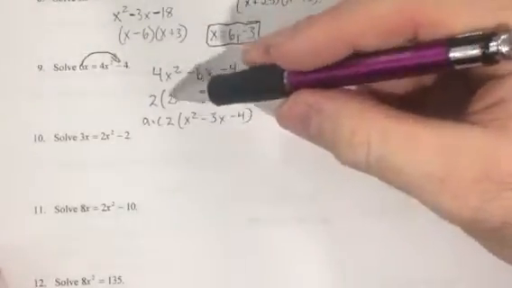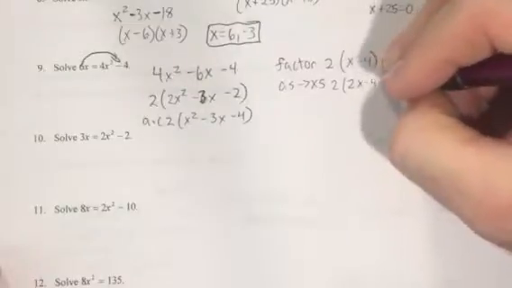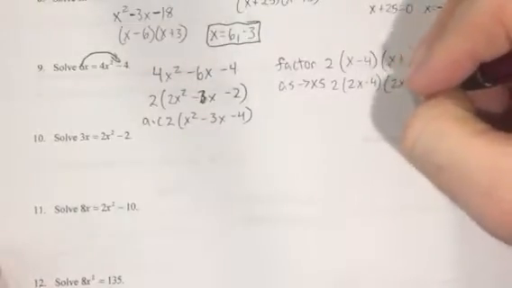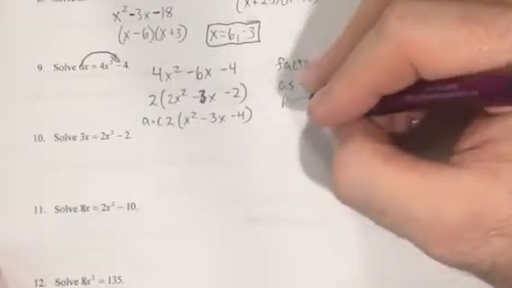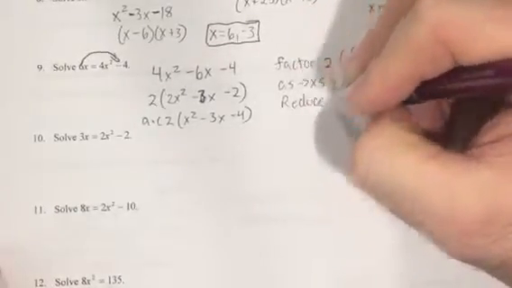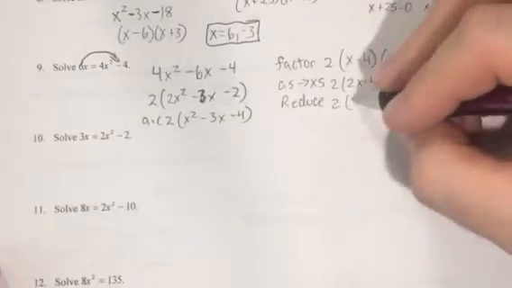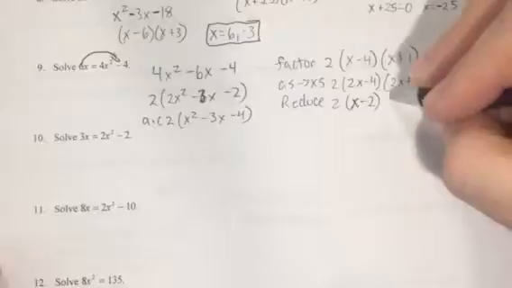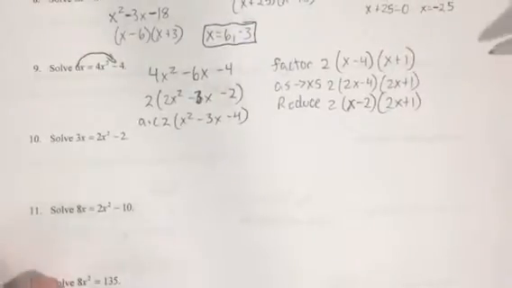So my a's are going to be 2. So now I have 2x minus 4 and 2x plus 1. Then I'm going to reduce. 2 and 4 can be reduced by 2. So that's x minus 2 and 2x plus 1.